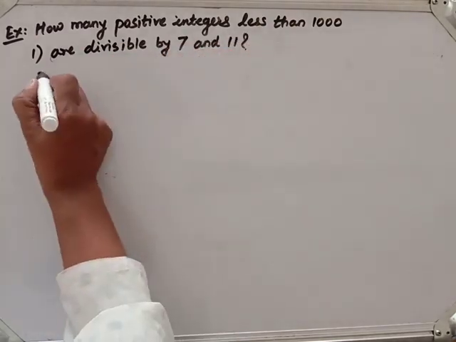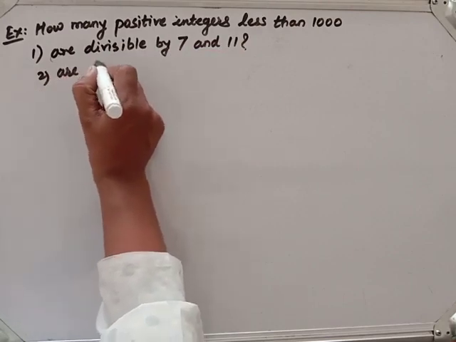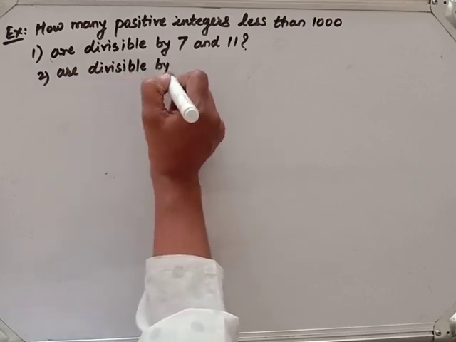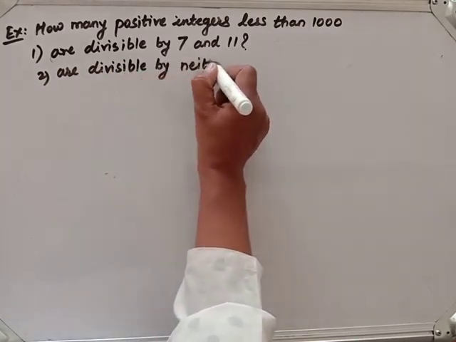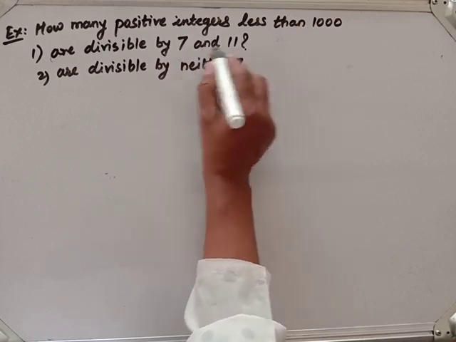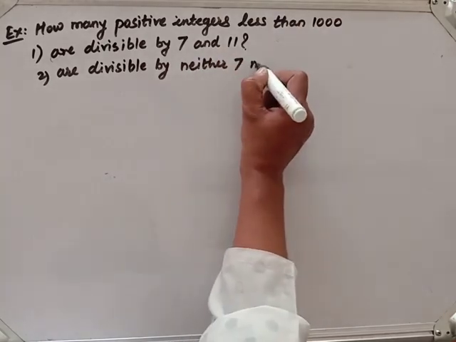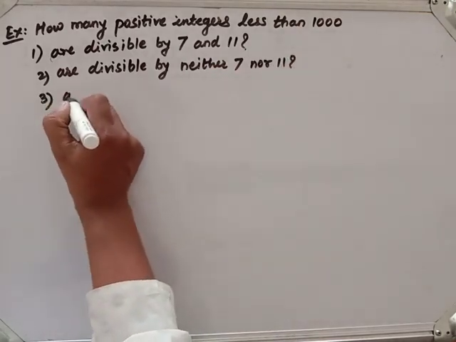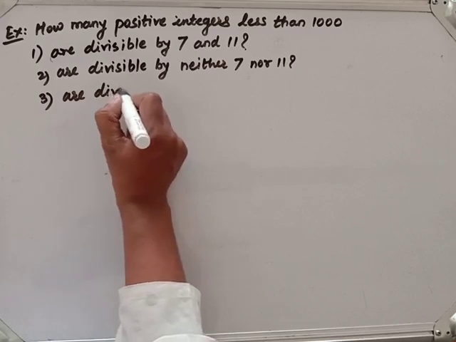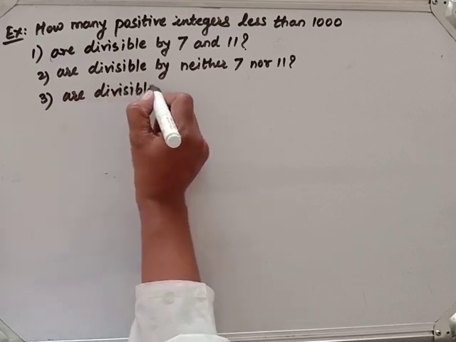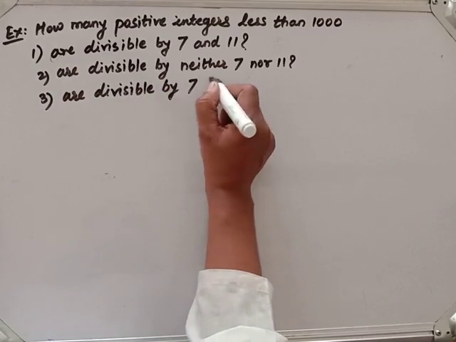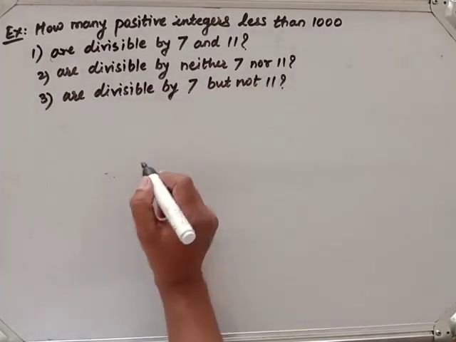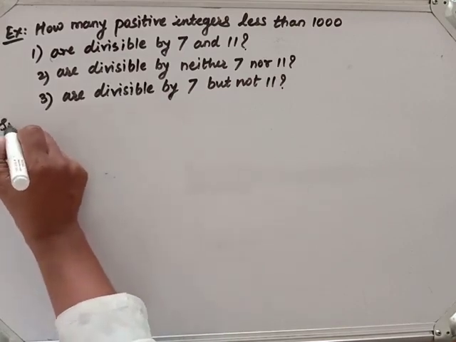Divisible by 7 and 11. Second, are divisible by neither 7 nor 11. Once we find 7 and 11, we can easily find this, neither 7 nor 11. Fine. Then the third thing, are divisible by 7 but not 11. These are the questions. So now the solution.